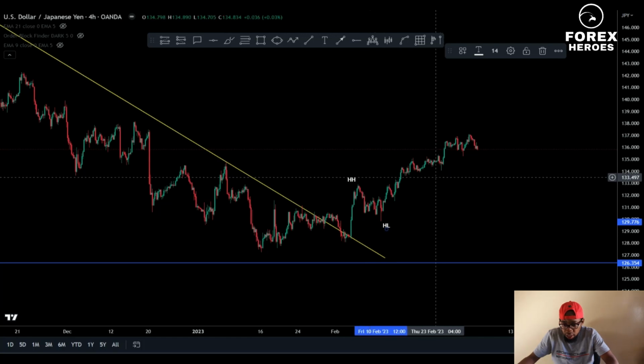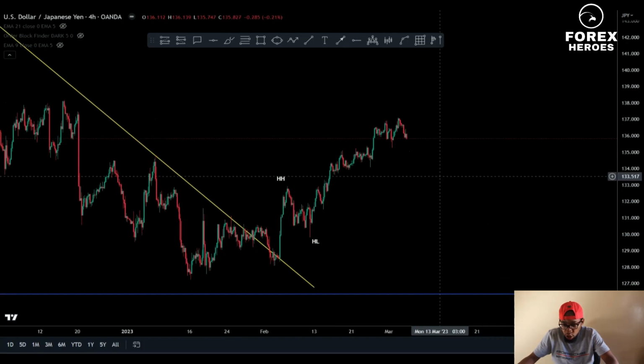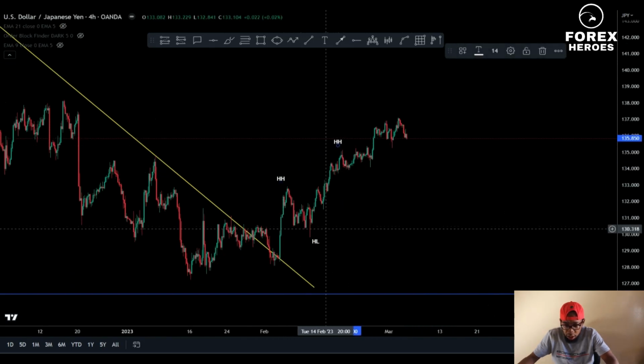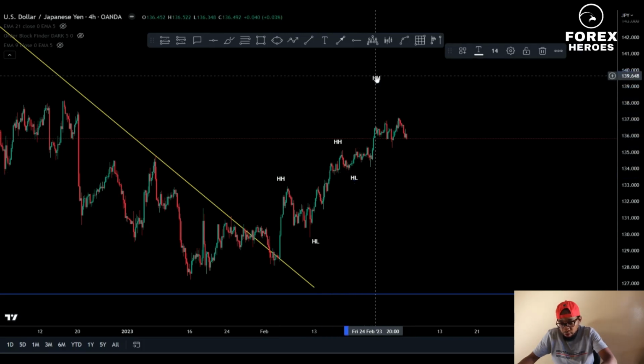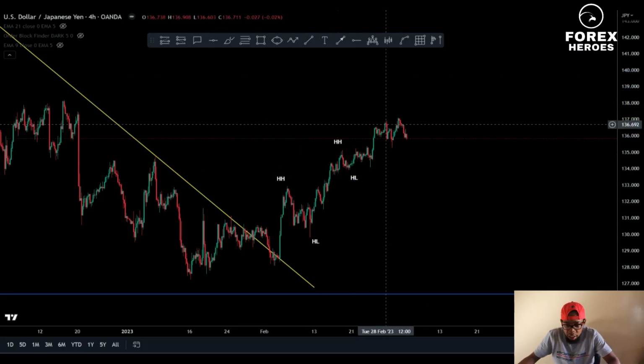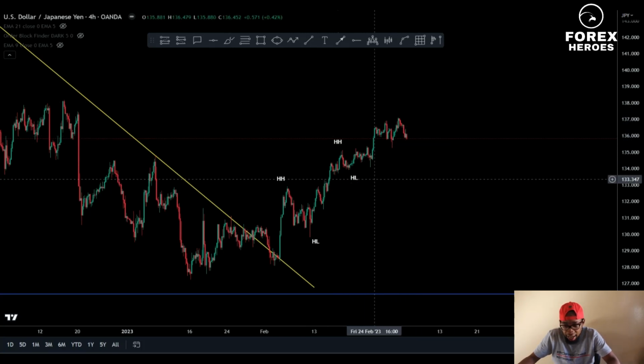So we're looking at this information with curiosity, because now I want to show you how you can capitalize on this market. In an uptrend, we have higher highs and higher lows.